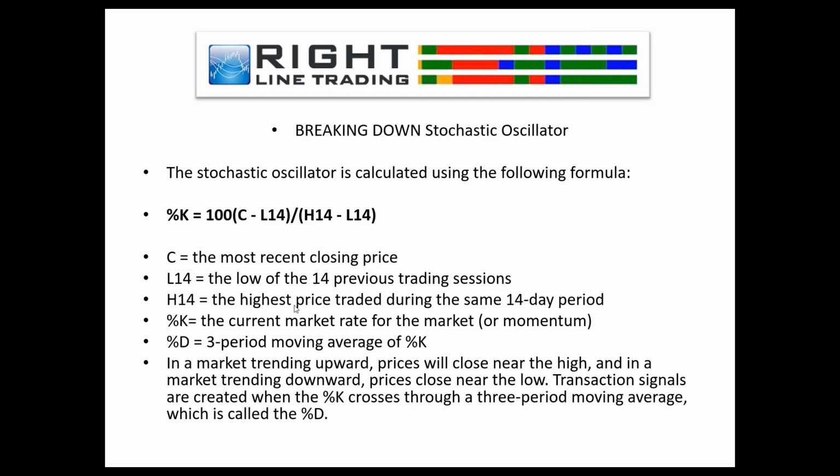And then it's going to look at the highs that price traded during those 14 1-minute candles, and create a 14-period high moving average. So you've got two moving averages: the average 14-period low and the 14-period high. And essentially, the percent K line, and then you have the percent D line.